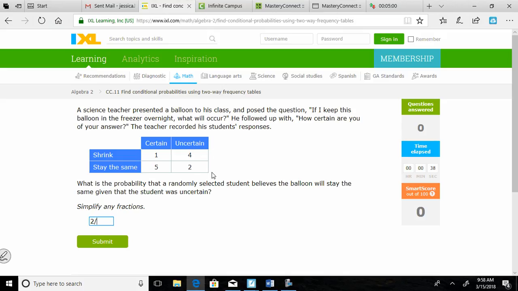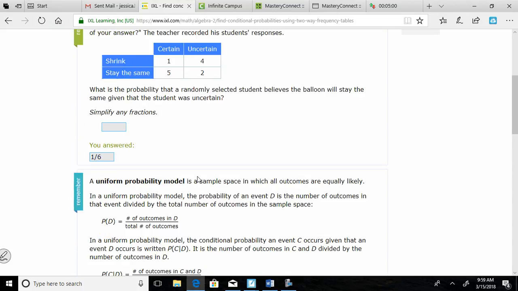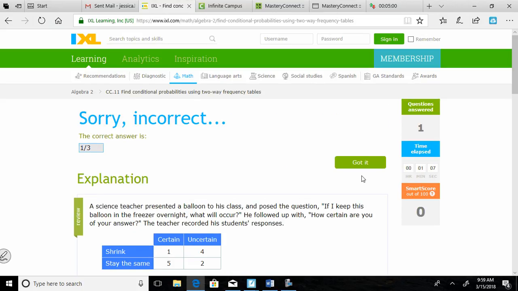What's 5 plus 7? 12. But it says I need to simplify. What number goes into 2 and 12? 2. So what is 2 divided by 12? 6. And what's 2 divided by 2? Oh, I got that one wrong.